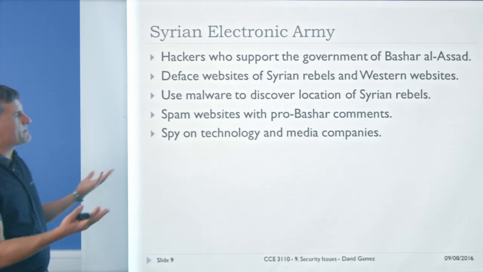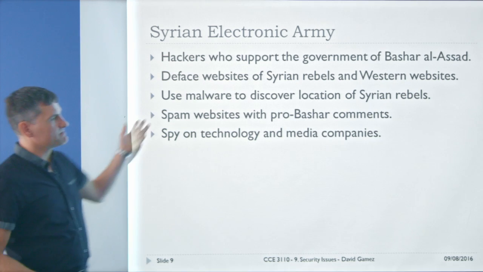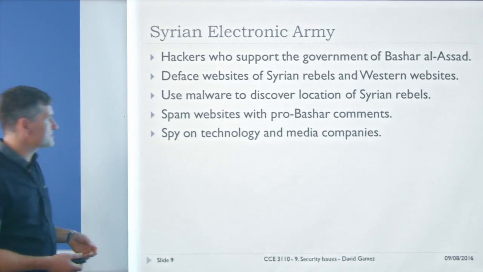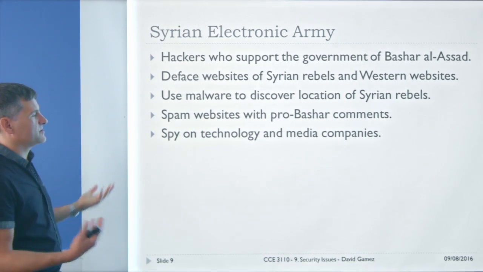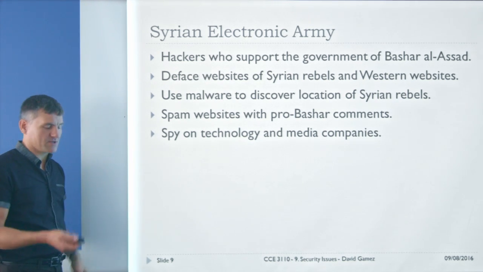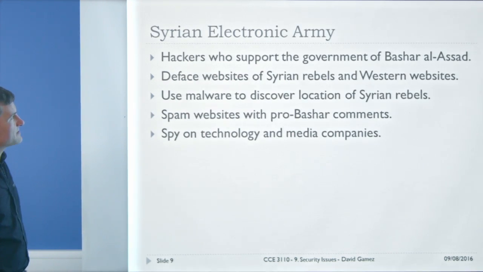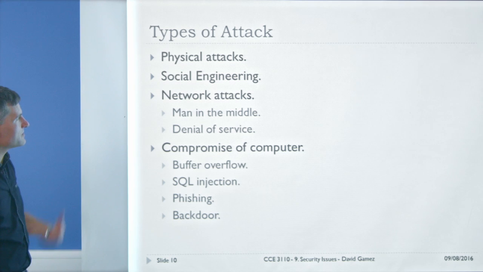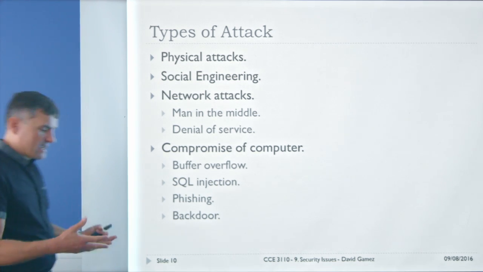So they deface the websites of Syrian rebels and Western websites that support the rebels, use malware to locate the Syrian rebels, spam websites with pro-Bashar comments, and spy on technology and media companies. So this is the Syrian Electronic Army. Again, freedom fighters or terrorists, depending on where you stand in all that. So those are the players.